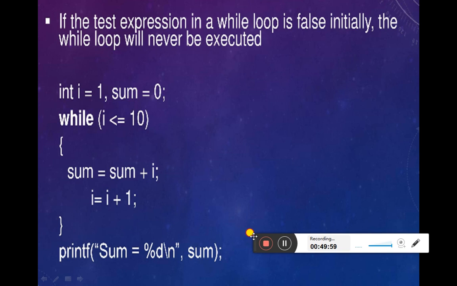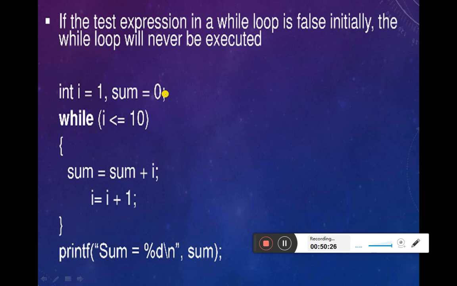Let's look at part of a program for the while loop. If the test expression in a while loop is false initially, the loop will never be executed. If the condition test is false at the beginning, the loop will not execute. This is an example of an entry controlled looping statement, because the condition test is done at the beginning, similar to the for loop.